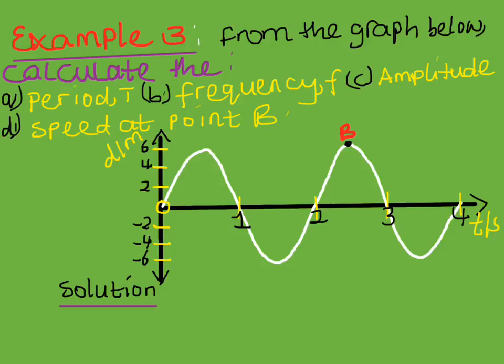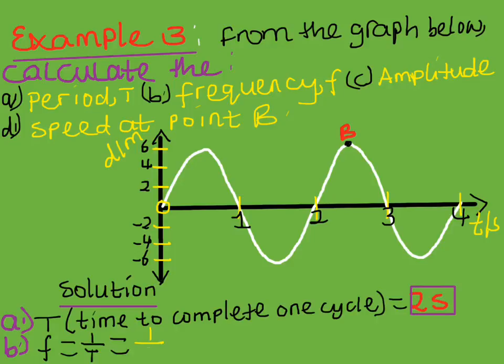What would the period be? Remember, period is the time taken to make one complete oscillation, the time taken to make one complete wave. At what point on the time axis does the wave make one complete oscillation? You can see that it's at the point 2, meaning at the point 2 seconds.